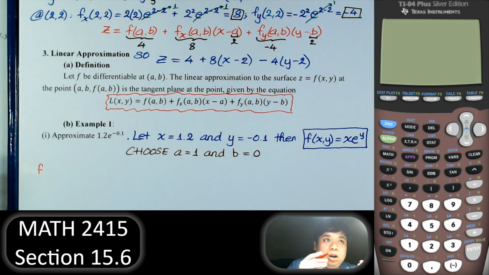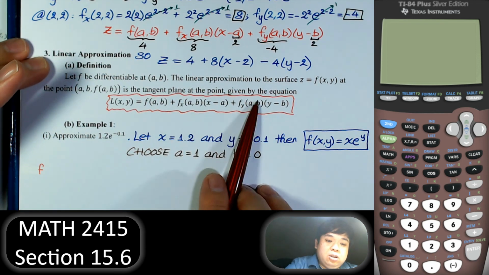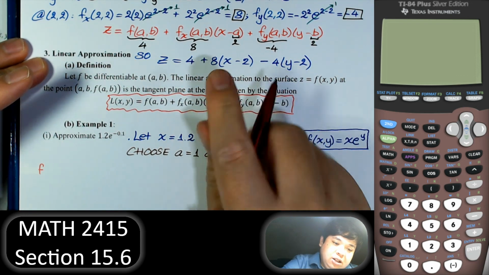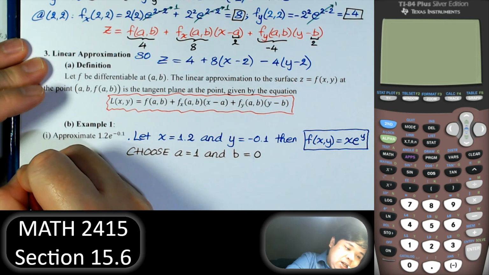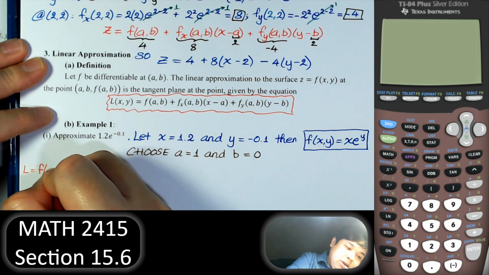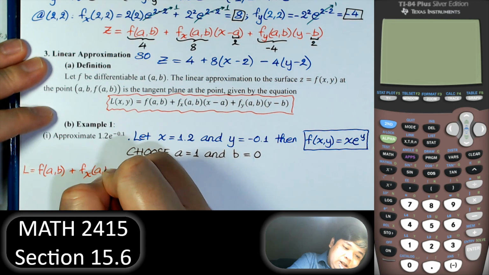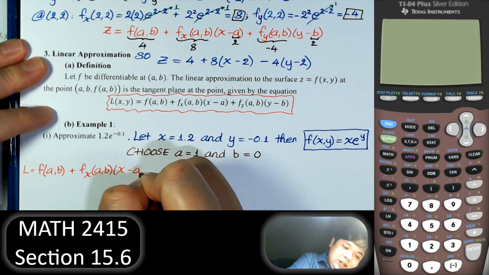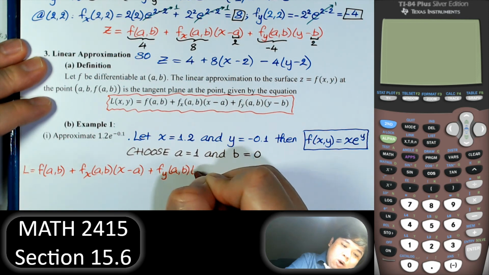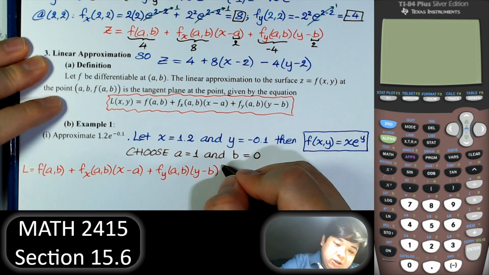But linear does not come from a line, linear meaning there's no power of x or y. So L, the linear approximation, is equal to the value at a and b plus the partial derivative with respect to x times (x minus a) plus the partial derivative with respect to y times (y minus b). Right. We'll go back to this formula later.